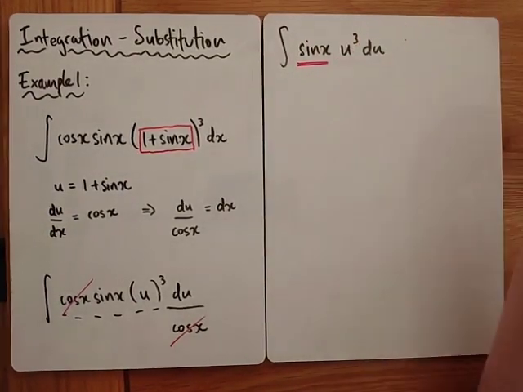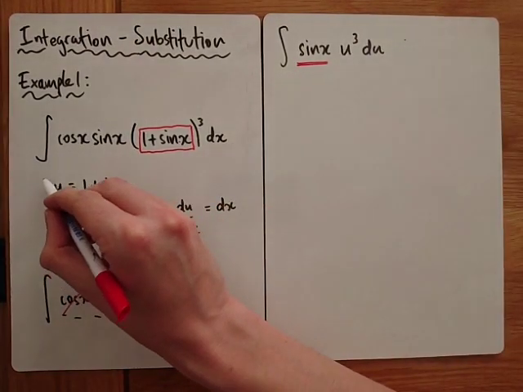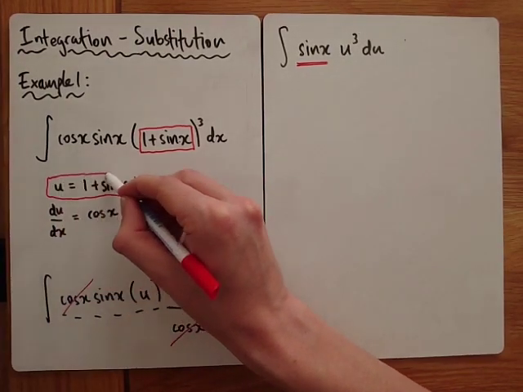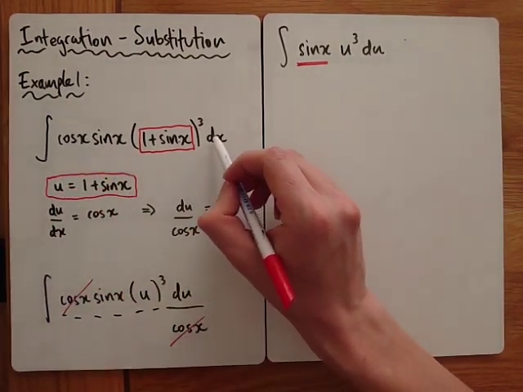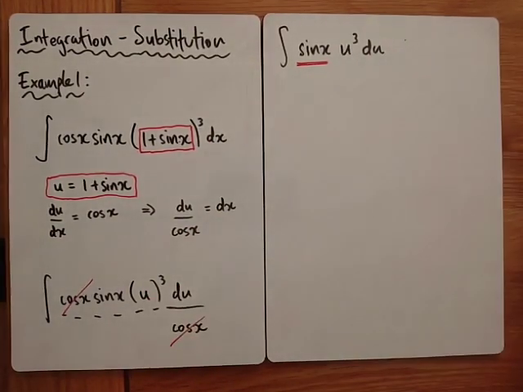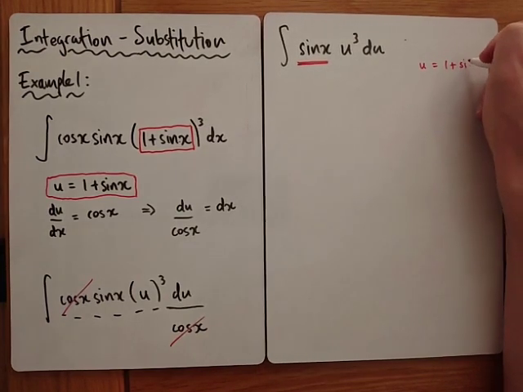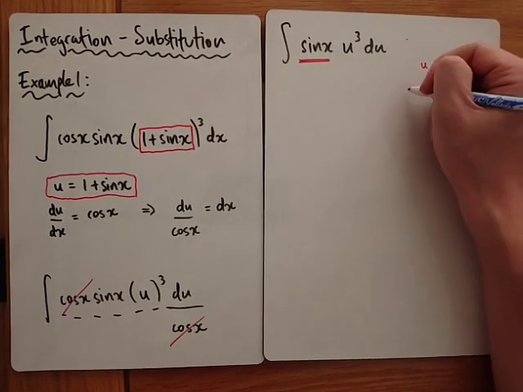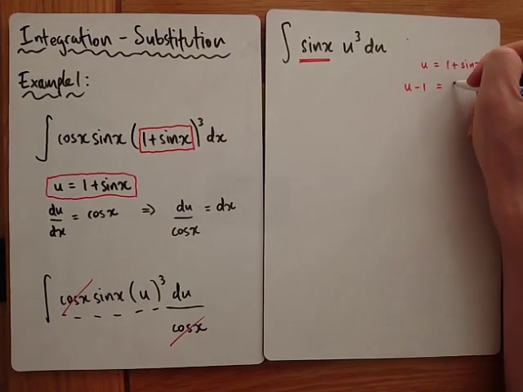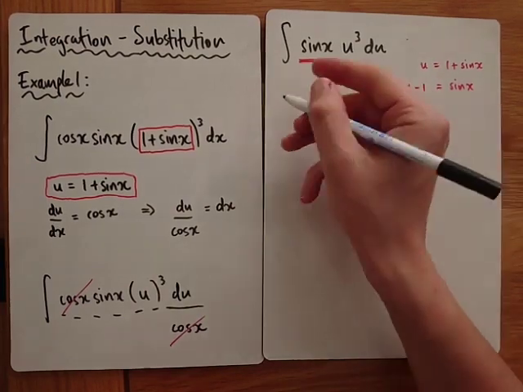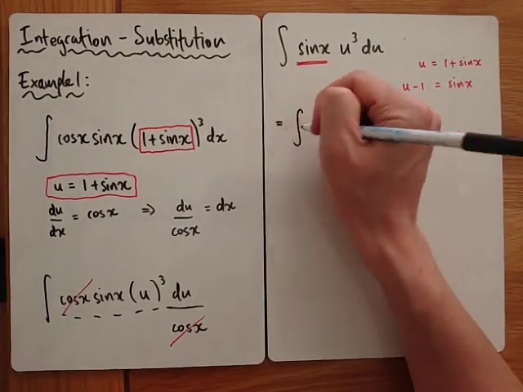Still left with the next term inside, so at this point we can look back at our substitution, because remember we're trying to turn the full integral from a function of x with respect to x into a function of u with respect to u. So if u equals 1 plus sin x, u minus 1 would equal sin x. And we have an integral just in terms of u.